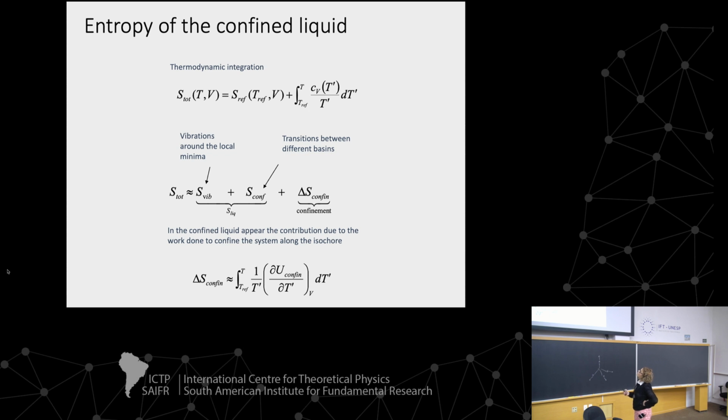The total entropy can be calculated by thermodynamic integration, and you have S total, which is given by the vibration around the local minima, the configurational entropy, and this is the liquid, and then you have to add a contribution due to confinement, which we calculated in this way by the derivation of the potential due to the confining potential.